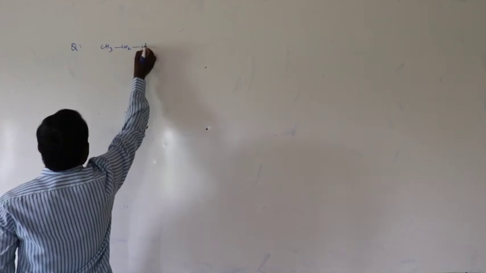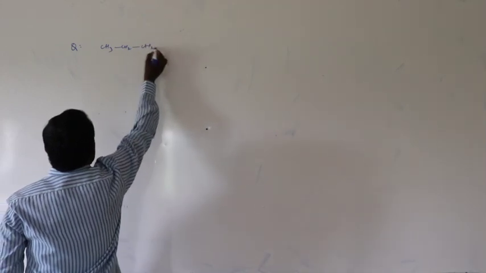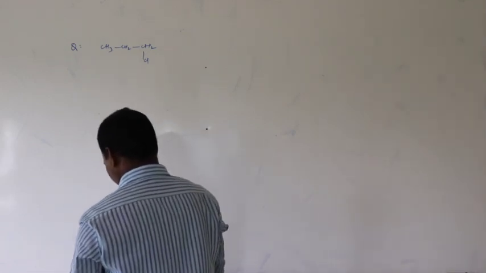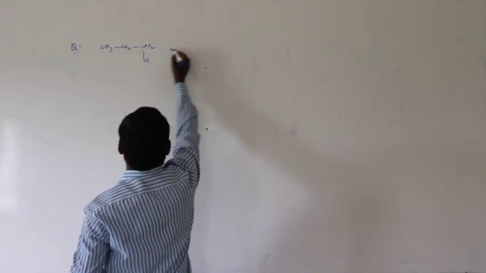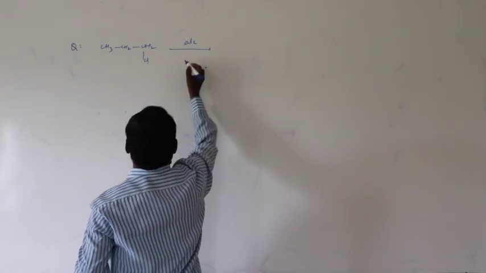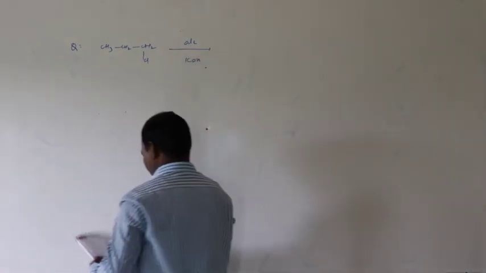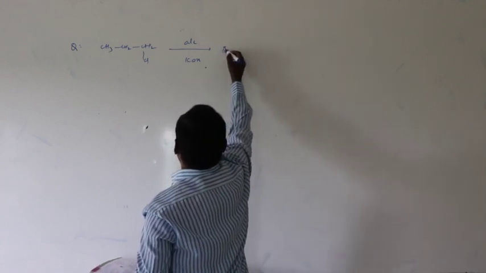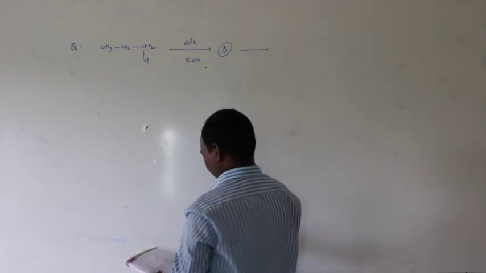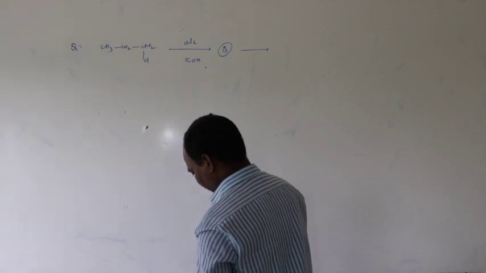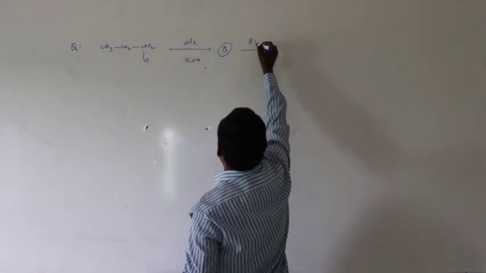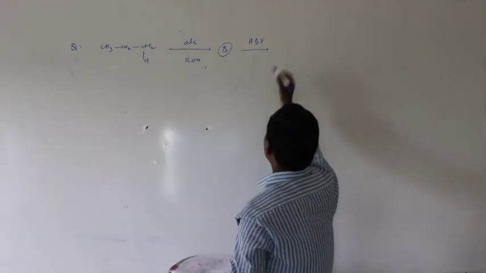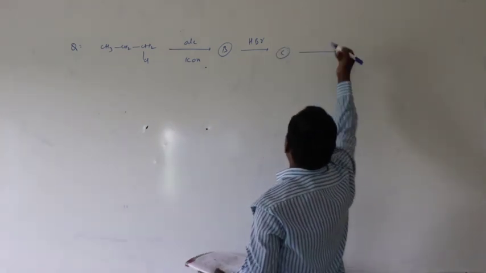CH3 CH2 CH2Cl, propyl chloride, with alcoholic KOH gives compound B. B is treated with HBr, hydrogen bromide, it is C compound.